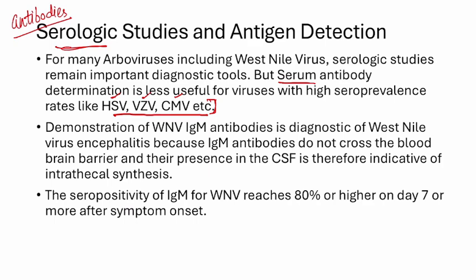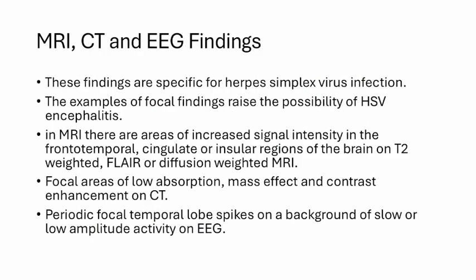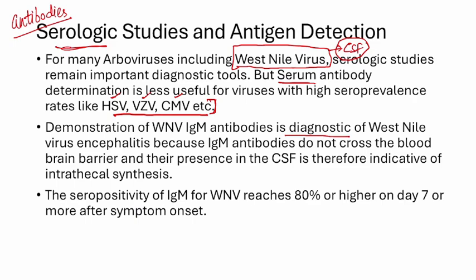But for West Nile virus, we will be able to detect the antibody. But where do we detect? We detect in the CSF. If we detect antibody in the CSF against West Nile virus, it is diagnostic of West Nile virus. So it is very important to understand.